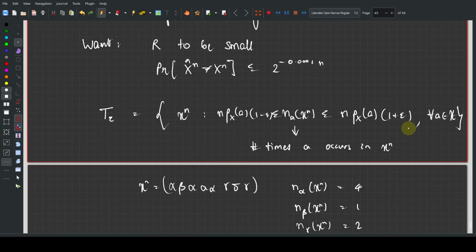Okay, so it's the set of all sequences for which the number of times a particular symbol occurs is close to the true probability.